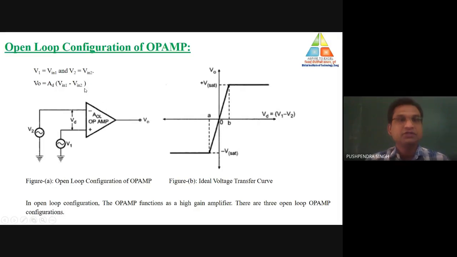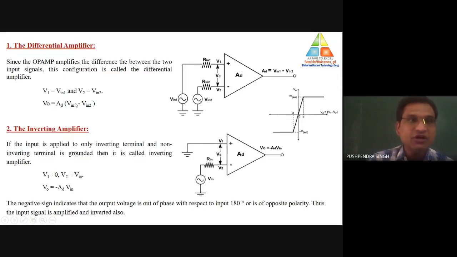So if both the inputs are present in the circuit, then based on these two inputs, the open loop configuration of the op-amp can be divided into three different categories. If both the inputs are present, V in 1 and V in 2, that is called a differential amplifier.